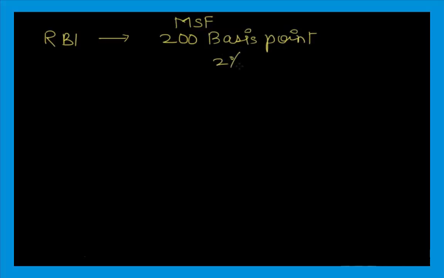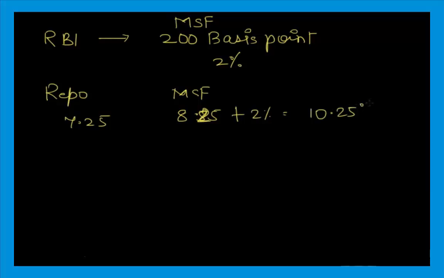Now what happened is, late Monday evening, RBI announced that it is raising the marginal standing facility rate by 200 basis points. 200 basis points is nothing but 2%, which means that now the repo, which was 7.25%, and the marginal standing facility, which was 8.25%, the new marginal standing facility stands at 10.25%.